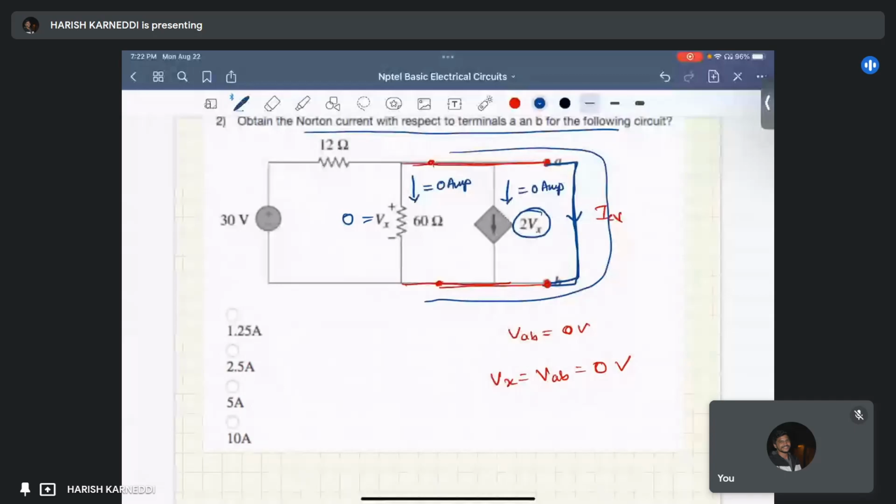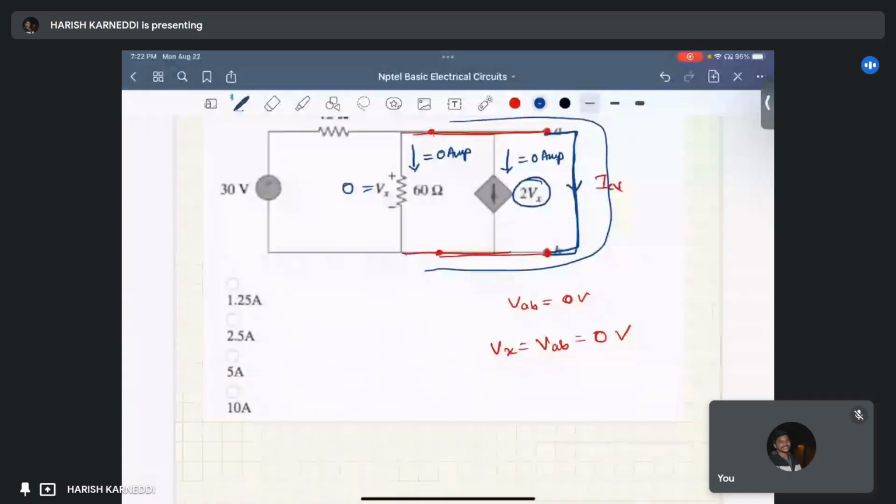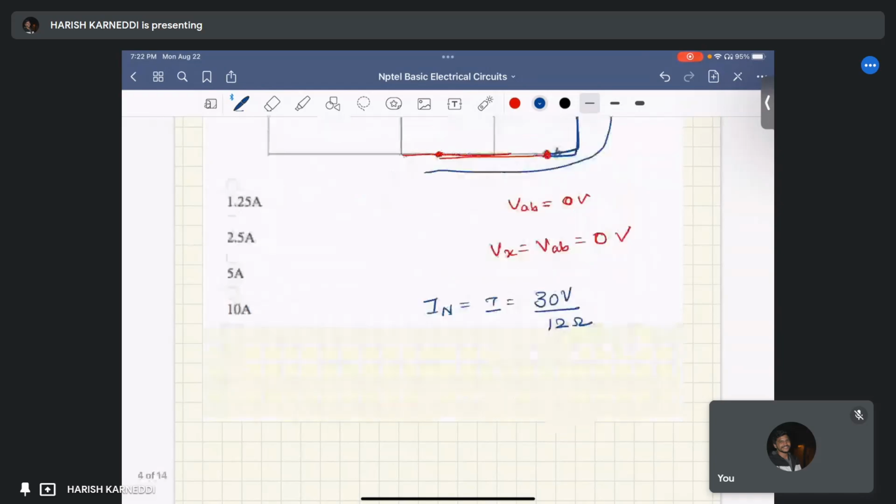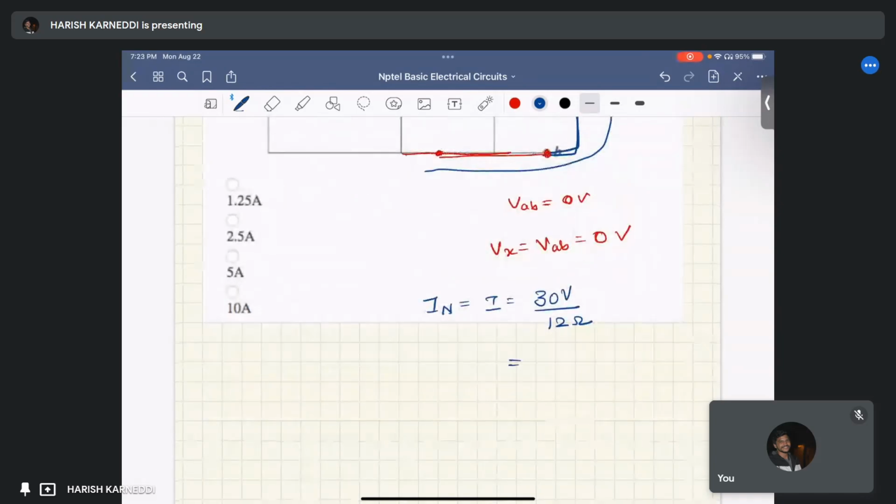So the current through this point, that is IN, is same as this circulating current I in the loop, that equal to 30 volts by 12 ohm. That is simple from Ohm's law only. That equal to 30 by 12, which is 2.5 amperes. Okay, that is option B.